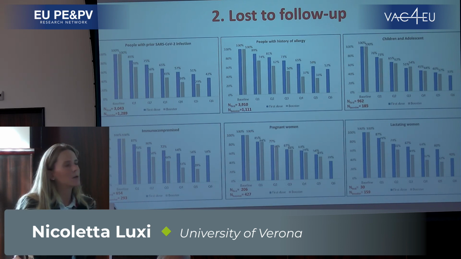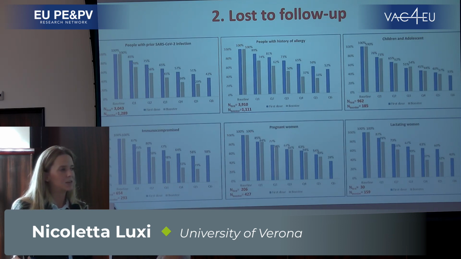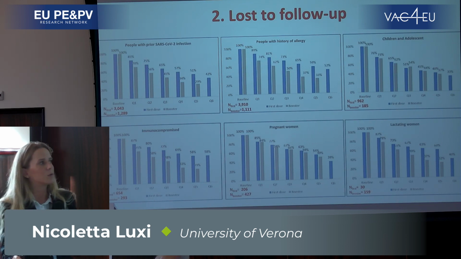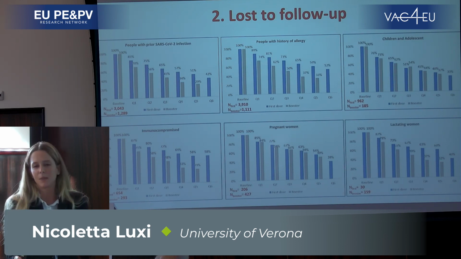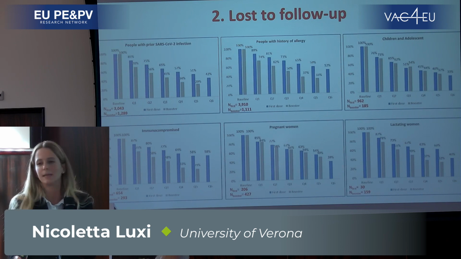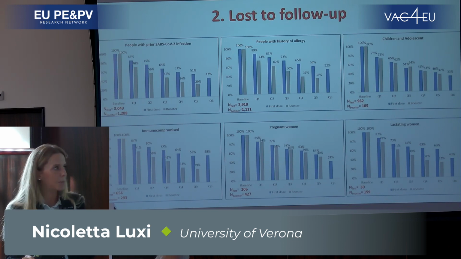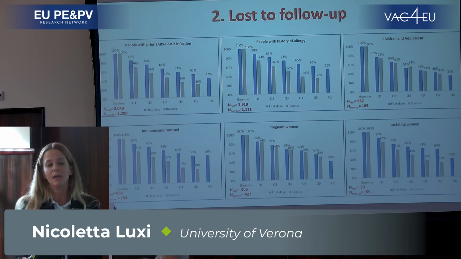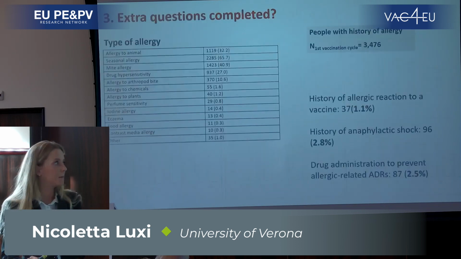In some cases this could be physiological, but we observed a very low percentage of serious adverse events that could have prevented vaccinees from filling in the follow-up questionnaire. So maybe it could be useful to implement a strategy to intensify the follow-up and to involve also the clinicians that work in the setting of care.